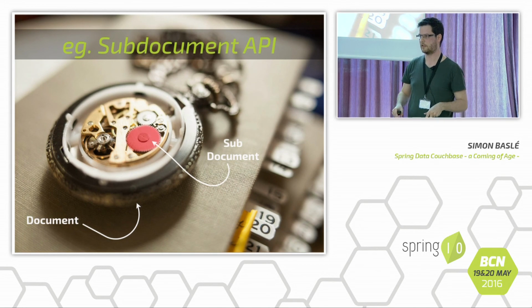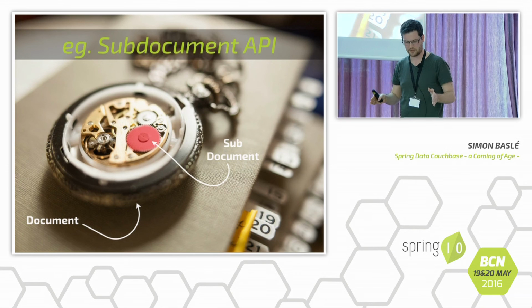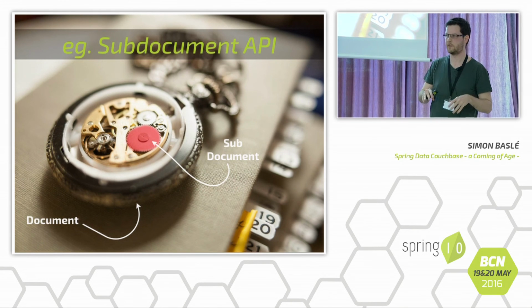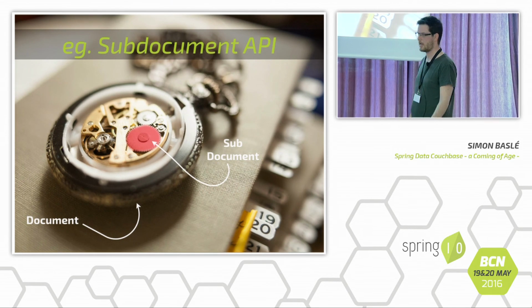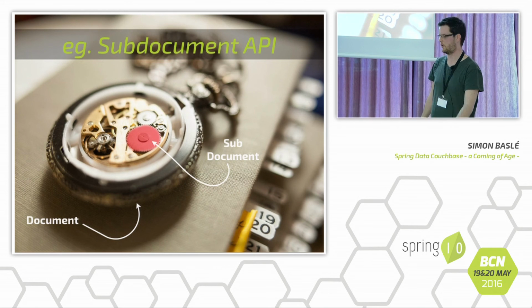Given a document key, you will use a builder to say, okay, I want to just mutate this path in the JSON and execute that builder, and it will really save you bandwidth. And on the server side, all the updates will be done. It will manage optimistic locking, compare and swap, this kind of thing.